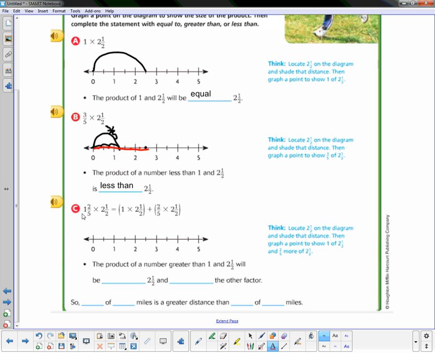So let's think. 1 times 2.5. That's 2.5. We made that jump already. And then 2/5 times 2.5. If you remember, let me erase this to show you.